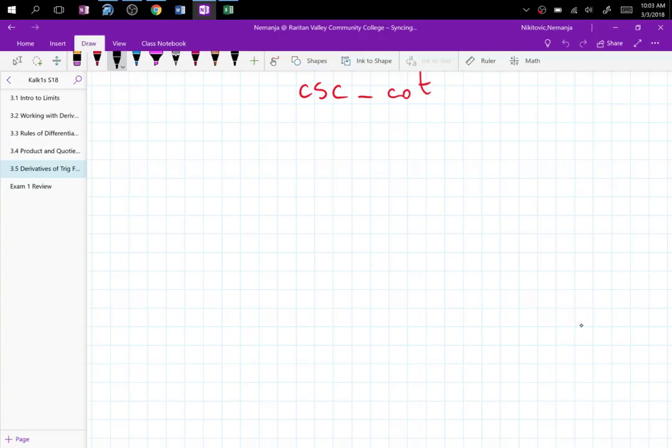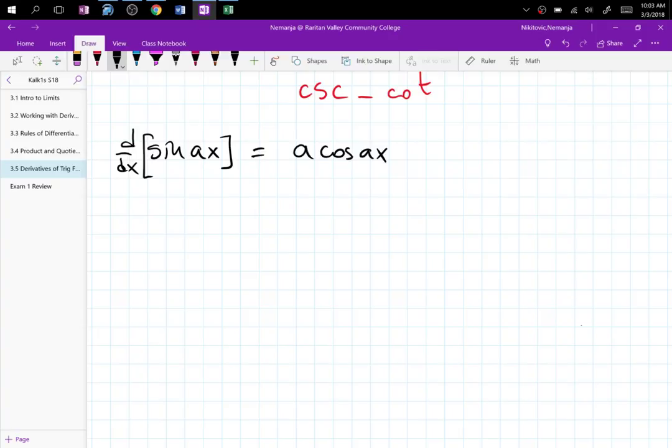One of the things that the book mentions is that you can use that a, just like you used a for e to the ax. If you have the derivative of sine ax, the answer would be a cosine ax. So what's the derivative of sine 3x?